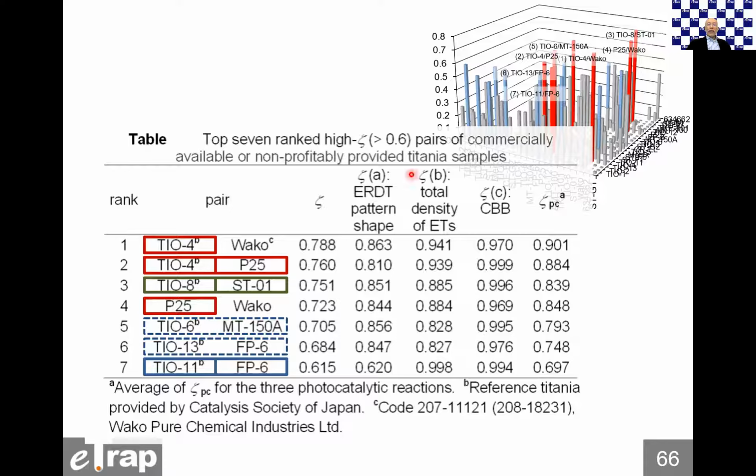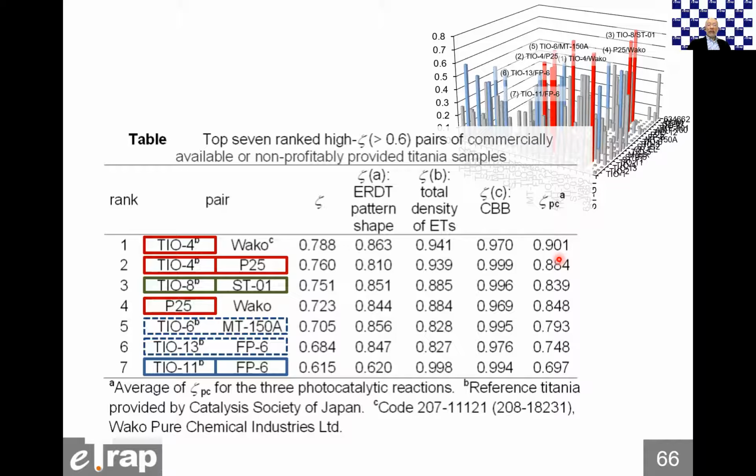And this pair, TiO4 and WACO, shows almost the same photocatalytic activity in 3 kinds of photocatalytic reactions. So even if WACO provided P25 as their own product, they can be the same, and therefore the activity is completely the same. So that is the important point.